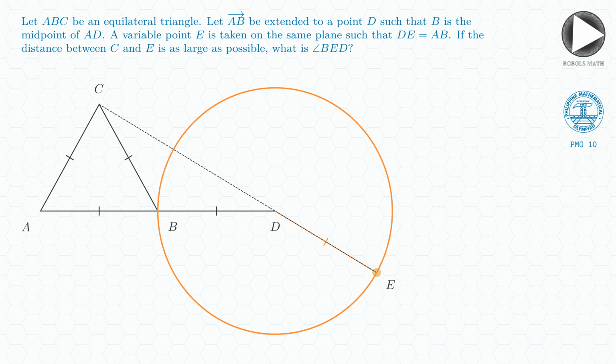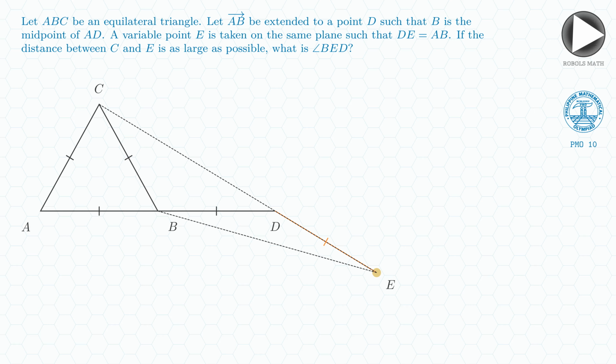Once we have established the position for point E, what we're left with is some angle chasing problem to figure out the measure of angle BED. We start with what is known, and that's the measure of the angles of the equilateral triangle ABC. Remember that for any equilateral triangle, each interior angle measures 60 degrees.